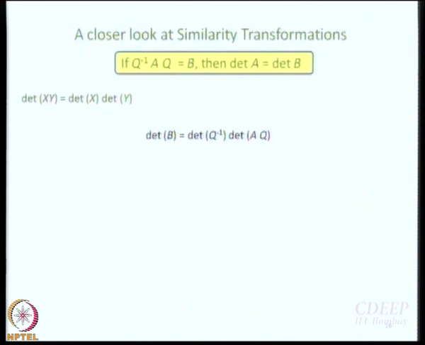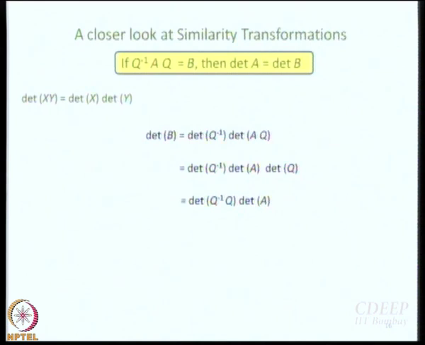The det B equal to det Q inverse A Q. You have started with B equal to Q inverse A Q, right. So I can write it like this, expand det A Q and write det Q inverse det A det Q, and determinants are just numbers, so it does not matter in which order you write.